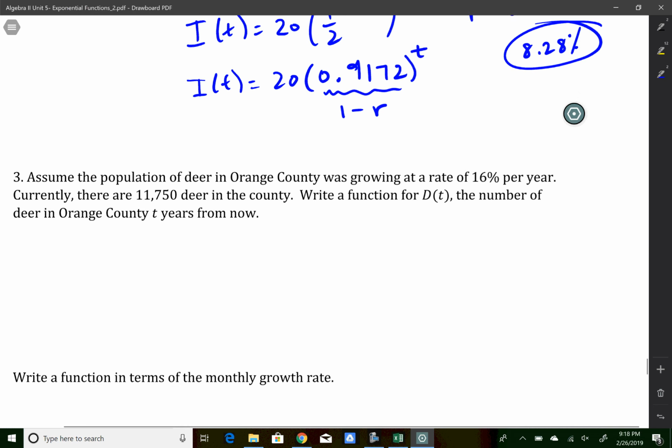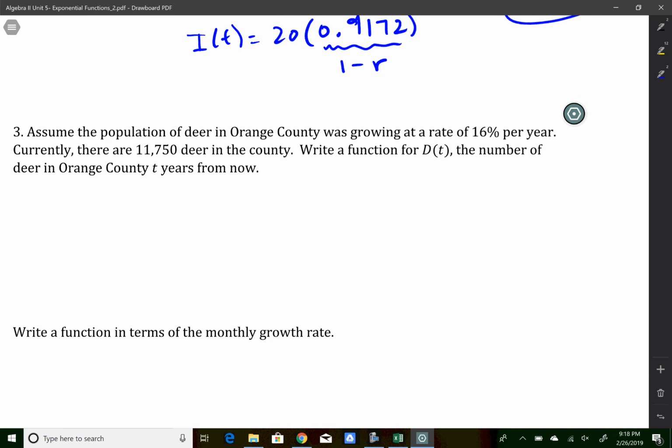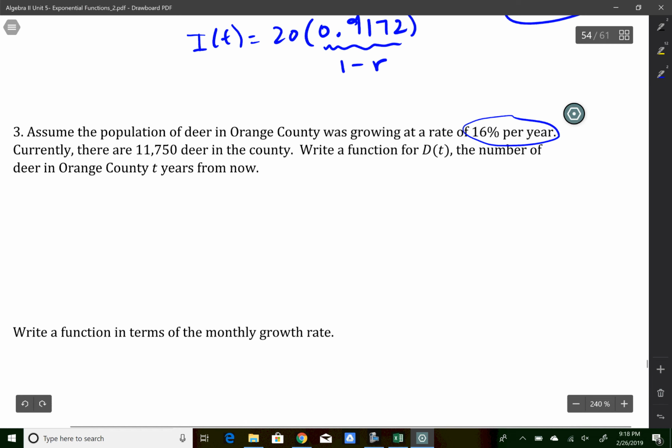All right, let's keep going. Number 3 says, assume the population of deer in Argent County is growing at a rate of 16% per year. Currently, there's this much deer in the county. Write a function d of t. So since this is per year, I know I'm going to use the formula of the future value is equal to the initial value, 1 plus the yearly rate, all to the number of years.